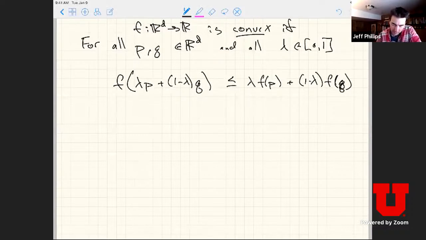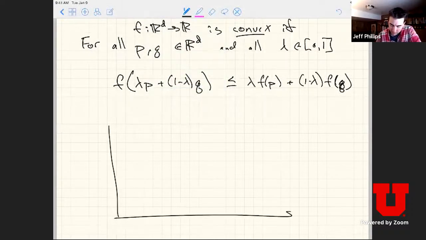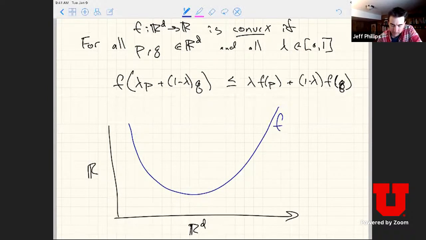Okay, so let's draw this picture over again now that I have all of this stuff. This is going to be R^d, and this is going to be the R value. I'm going to have a function, this is f.